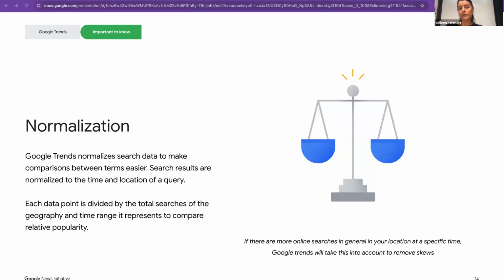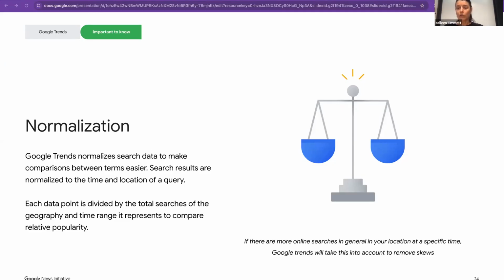Normalization. Google Trends normalizes search data to make comparisons between terms easier. Each data point is divided by the total searches of the geography and the time range it represents to compare relative popularity. One example we can think about is global warming.